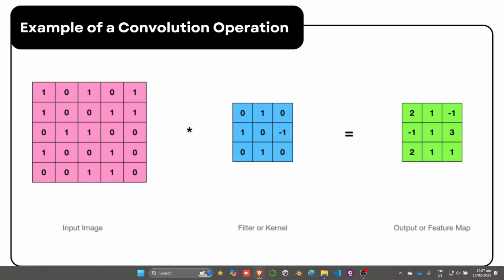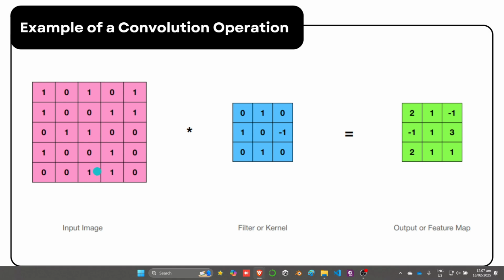So now let's take a look at a very basic view of the operation. Imagine this is our input image here. Imagine it's a binary image, so the ones represent white, the zeros represent black.